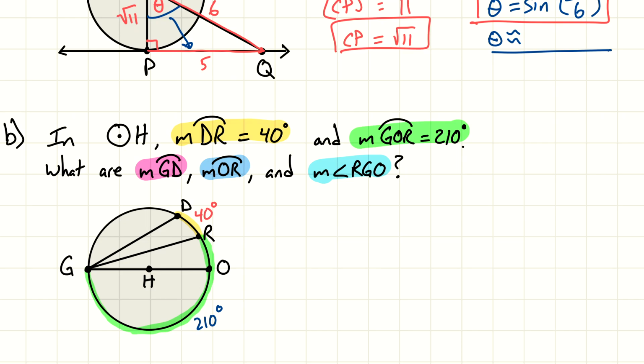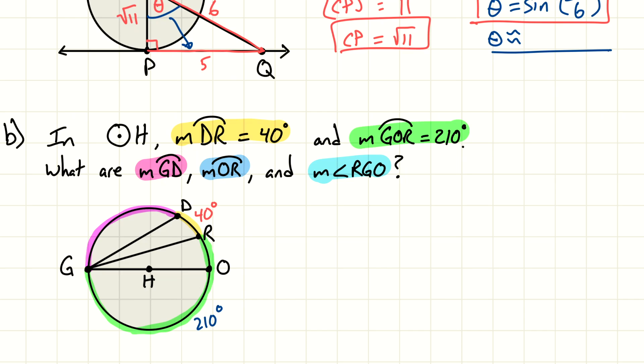All right, so if you notice something, we're missing a small piece of this circle. We have another arc that's missing, not given to us. That's something we could definitely figure out, and they actually want us to find that. So all three of these should add up to 360.